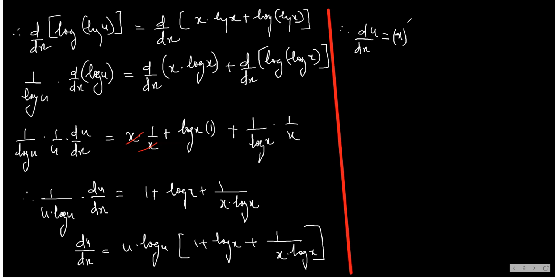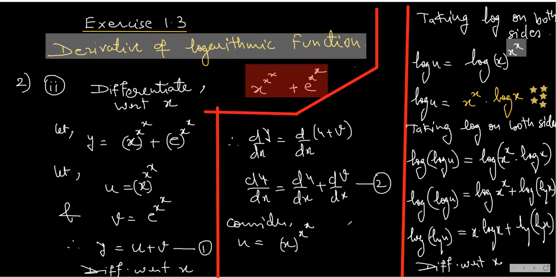And then we have log of u. You have got the value of log of u also. What is log of u? Log of u is x raised to x into log x. So you can directly write from here.